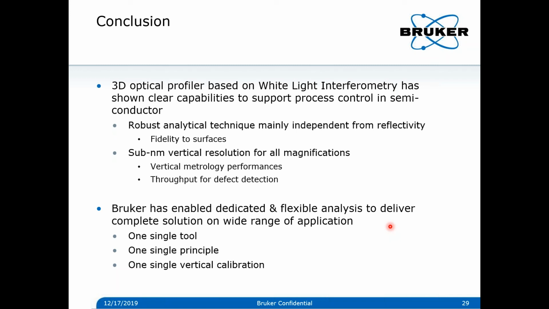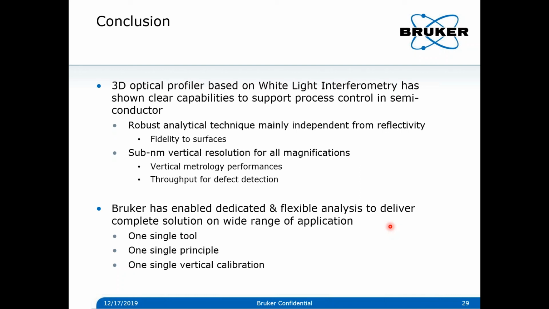You will get throughput for defect detection. So it can be defect detection for bare wafers or for a dense array of bumps. It is also a question of throughput because you don't need to average or multiply the measurements. A single measurement will help to get that right away. And what you have seen so far is all contained in one single tool, with one single principle, one single optical path.